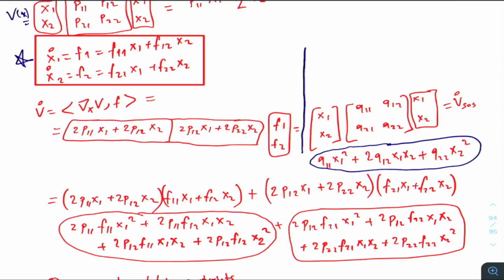And remember, this is a two-dimensional example and a very simple example, and even so you have 8 terms in v dot. So you can imagine you wouldn't do that by hand and computers would do that.